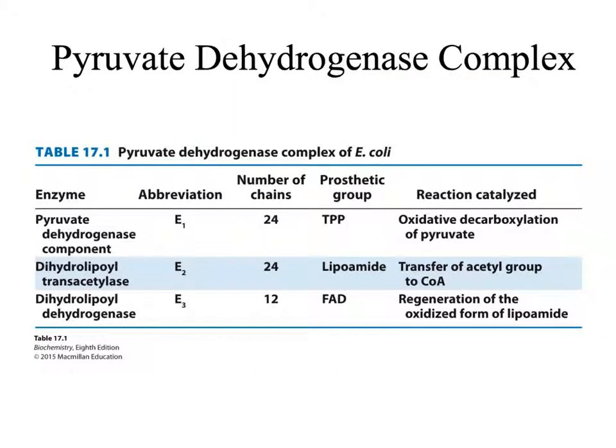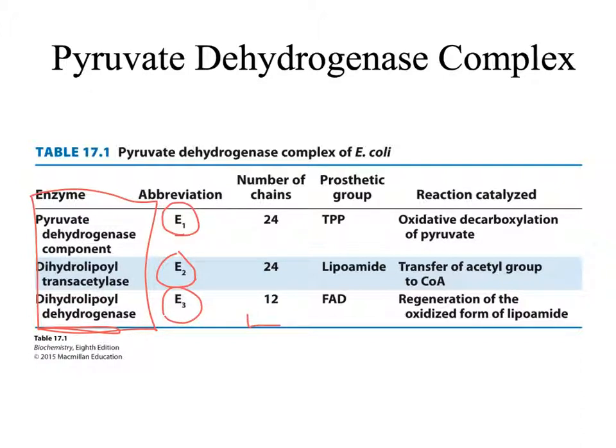So the pyruvate dehydrogenase complex has 3 enzymes associated with it, and we abbreviate these as E1, E2, and E3. Pyruvate dehydrogenase component is E1. The dihydrolipoyl transacetylase is E2, and the dihydrolipoyl dehydrogenase is E3.